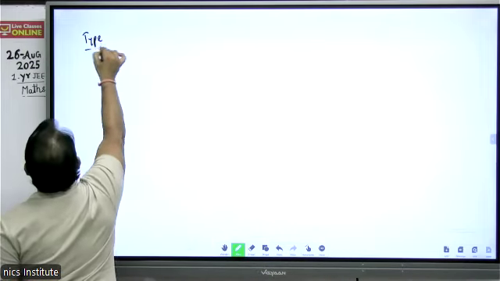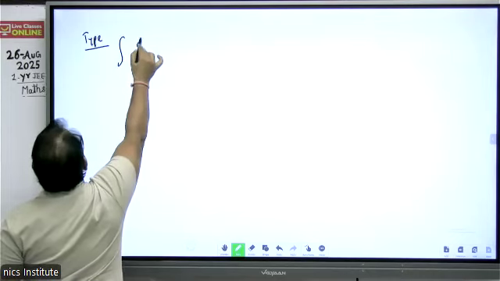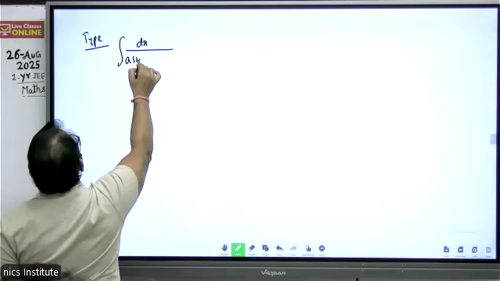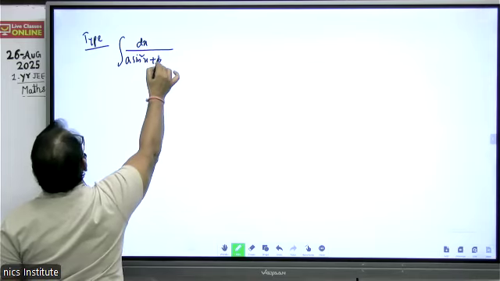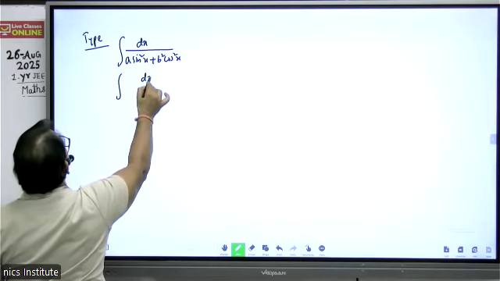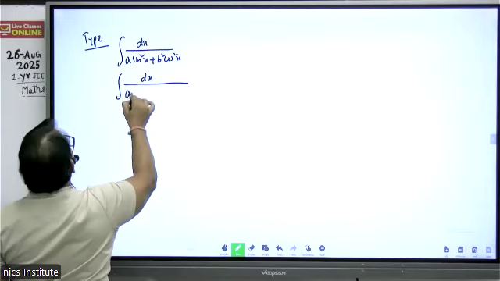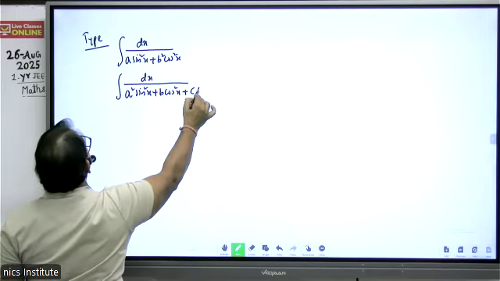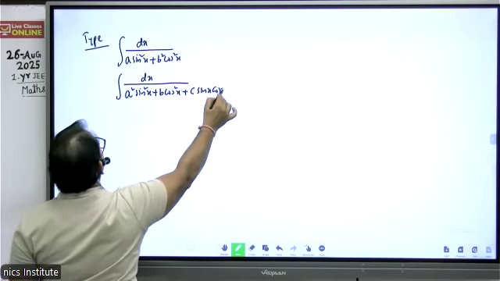This type of questions where you have a sin square x plus b cos square x, or you have a sin square x plus b cos square x plus c into sin x cos x.